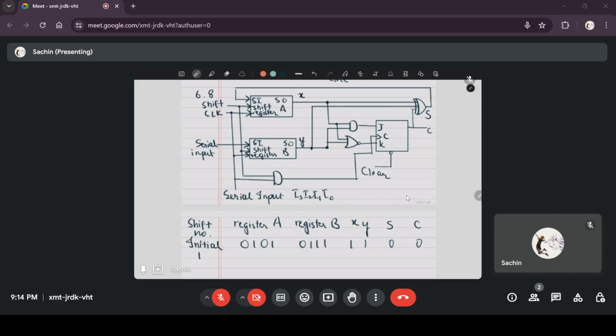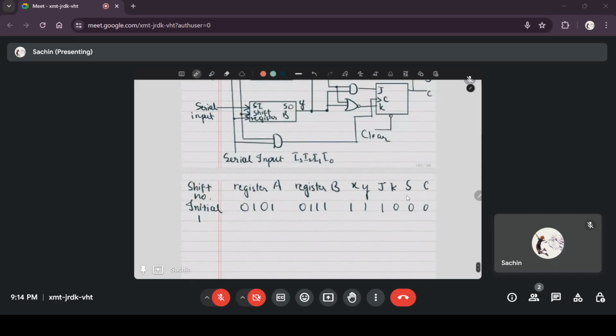Alright, the sum is 0. The input J is X and Y, which is 1, input K is, let me also write that down, JK. So before any clock pulse is given, XY is 1 1, so J is 1, K is 0, the sum is 0, carry has been set to 0.